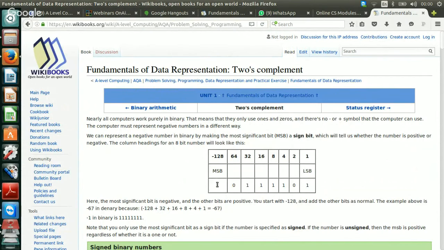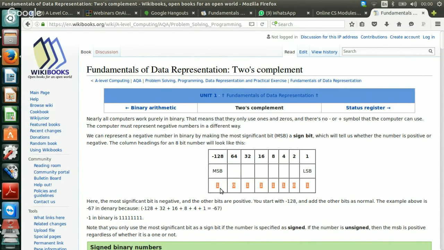Whenever we have a set of numbers like this one, the leftmost bit is known as the most significant bit. And the rightmost bit in any number is going to be named the least significant bit. So that's all it is about. Then this is all conversion.